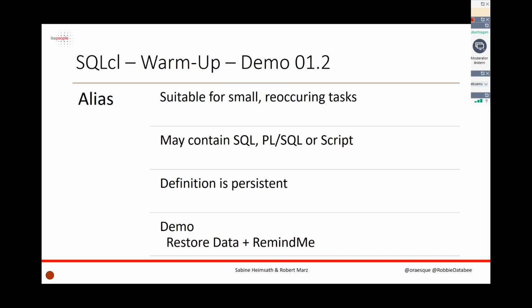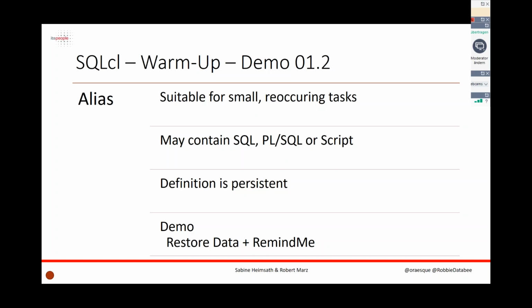Yeah, aliases are suitable for small recurring tasks. So you can assign pure SQL or JavaScript scripts to aliases. The important thing about aliases is that their definitions are persistent. So you have to define an alias only once, and SQLcl stores it inside the file system.